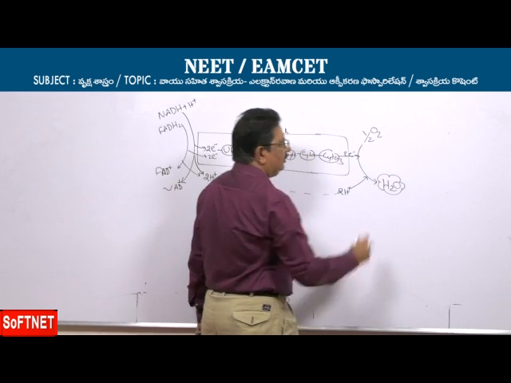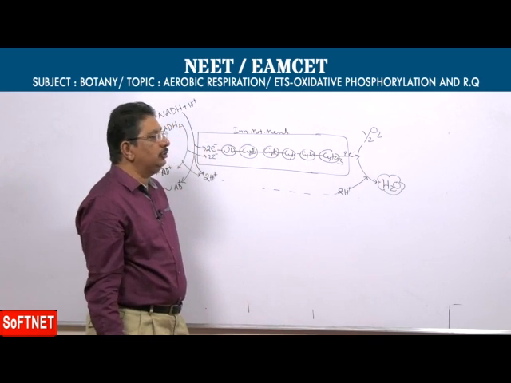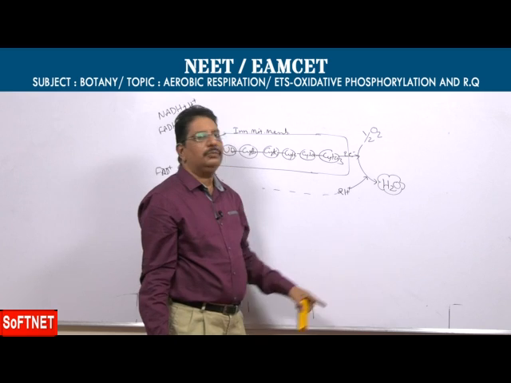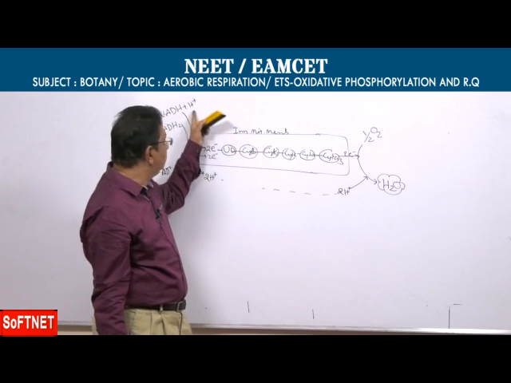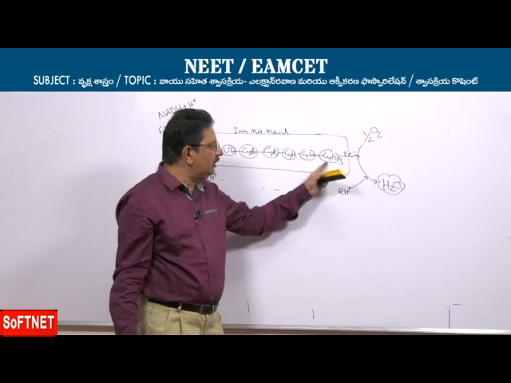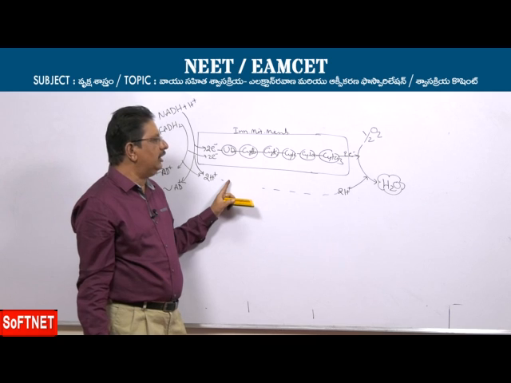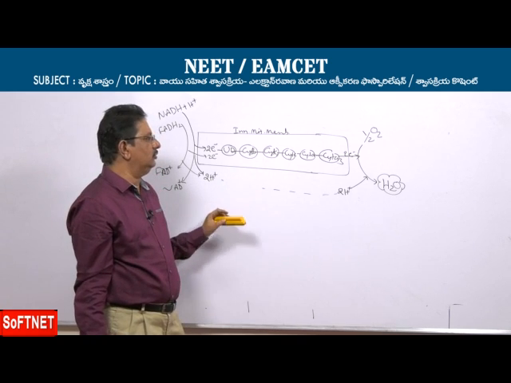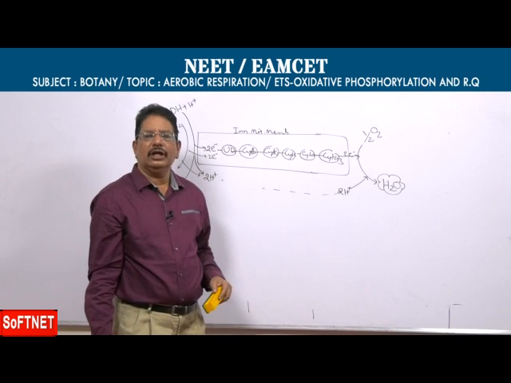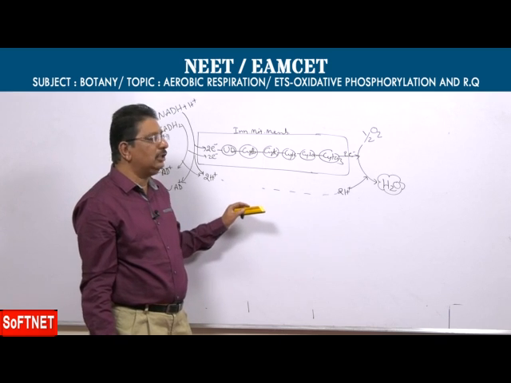So, water is formed due to the reduction of oxygen, and reduction of oxygen is because of oxidation of reduced coenzyme, and electron transfer always takes place in accordance with their redox potential values. It is a common value, redox potential values.